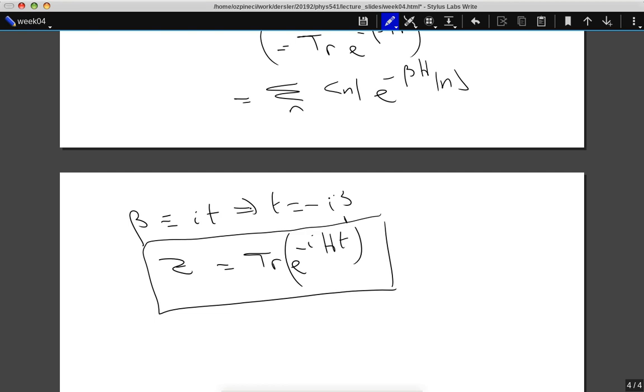So if you calculate the evolution operator in quantum mechanics and put an imaginary time in that evolution operator, you get the partition function in statistical physics. If you know the partition function in statistical physics, just put an imaginary beta, and you get the time evolution operator in quantum mechanics. Although those two subjects seem to be quite unrelated with each other, they are closely connected: both real-time evolution in quantum mechanics and statistical physics.